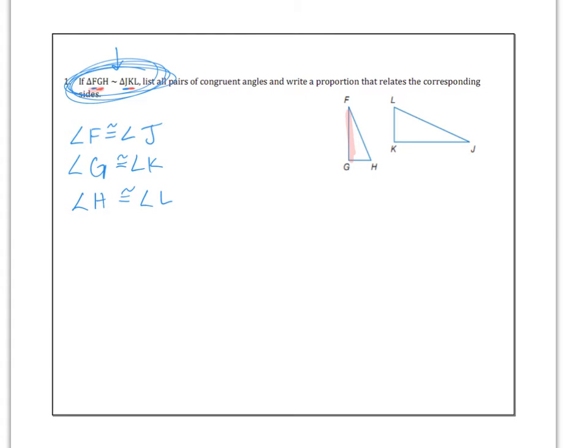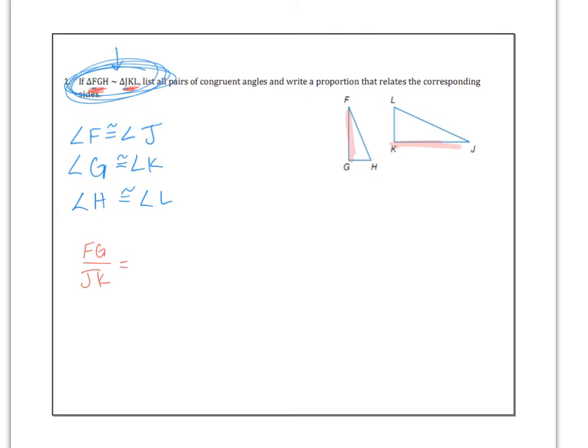the first two letters are going to match up with JK. So I don't even look at the picture usually. I just use these letters up here, and I can say something like FG, the first two letters, divided by JK, the first two letters.